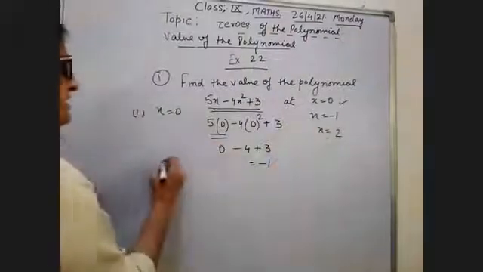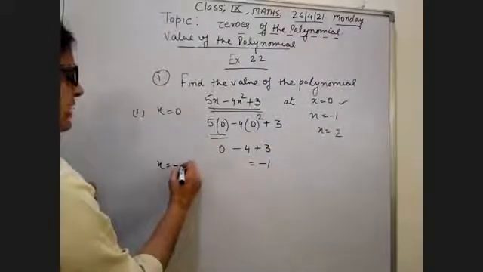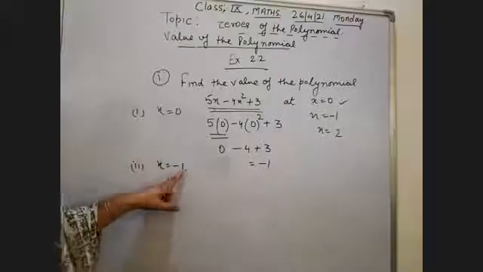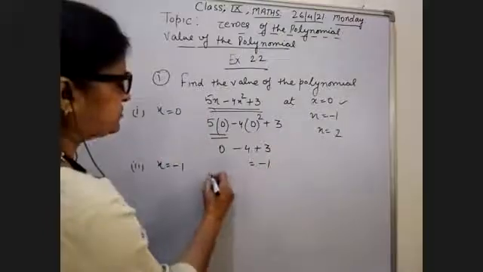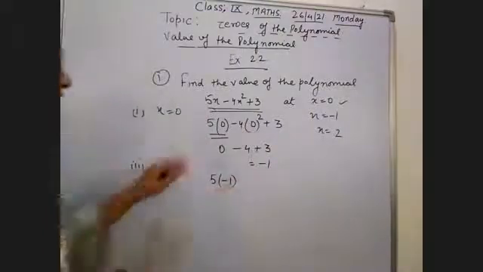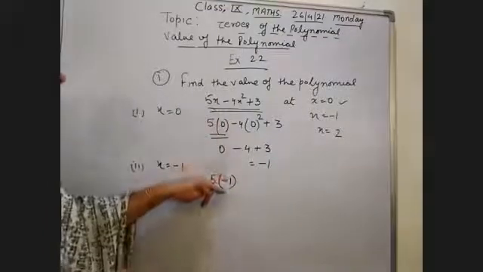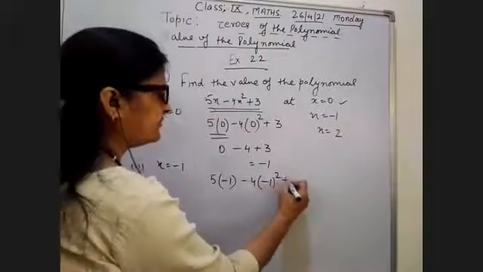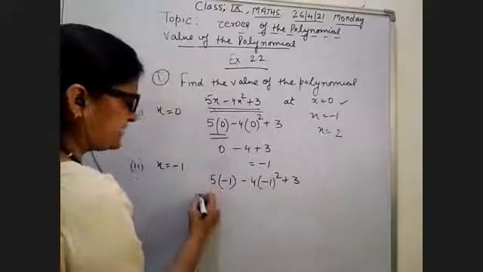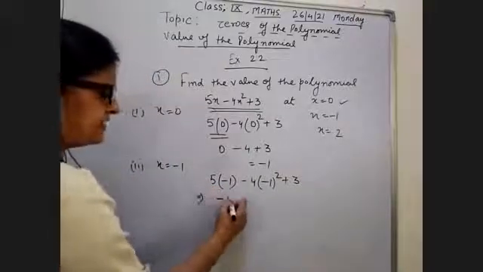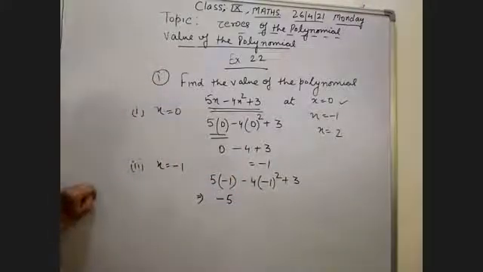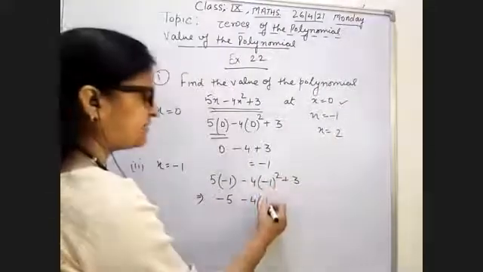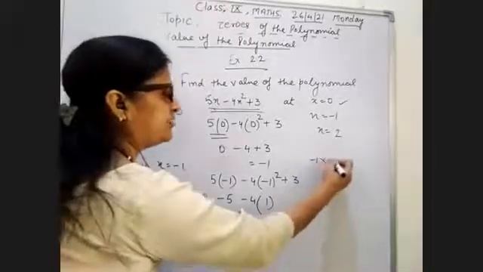And in the next case, x equal to minus 1. When we put the value x equal to minus 1 in place of x, we get 5 multiplied by minus 1, which is minus 5, minus 4 into minus 1 square, plus 3. Minus 1 square is minus 1 into minus 1.